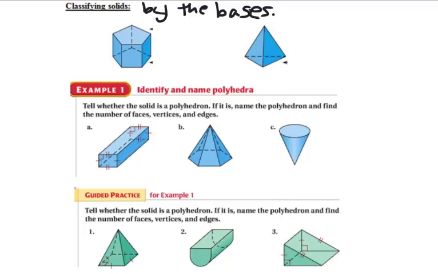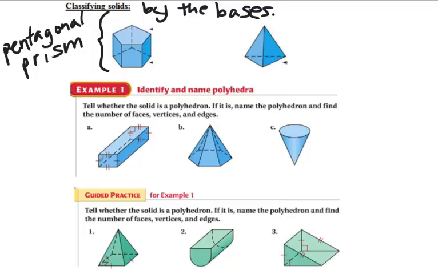Let's look at this prism over here on the left. This prism has two bases, and the bases are the shape of a pentagon. So we call this one a pentagonal prism.